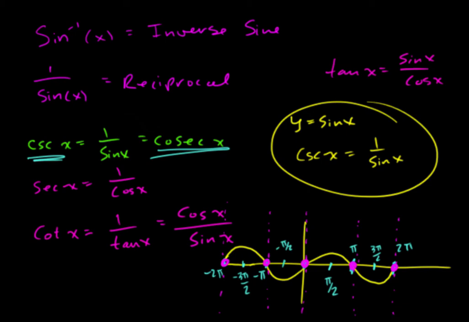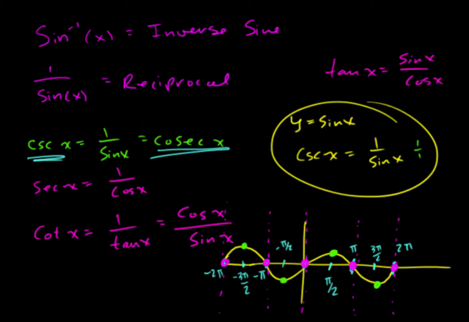Now, if our value is 1, and so we do 1 over 1, that's just going to give us that same value. Same thing with this negative 1 right here. So these green dots are actually going to be exactly the same on the cosecant function as they are on the sine function.